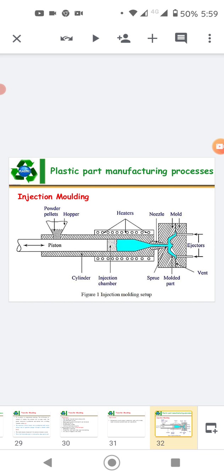This is the injection molding process. It consists of a piston, hopper, powder pellets as raw material, hopper for pouring the material, and heaters attached to both sides of the cylinder.